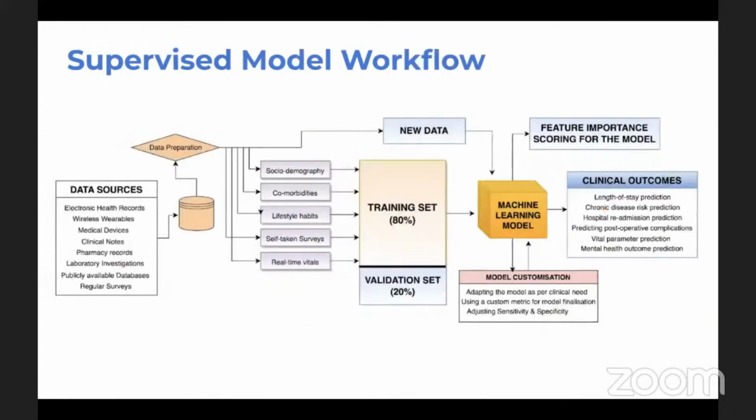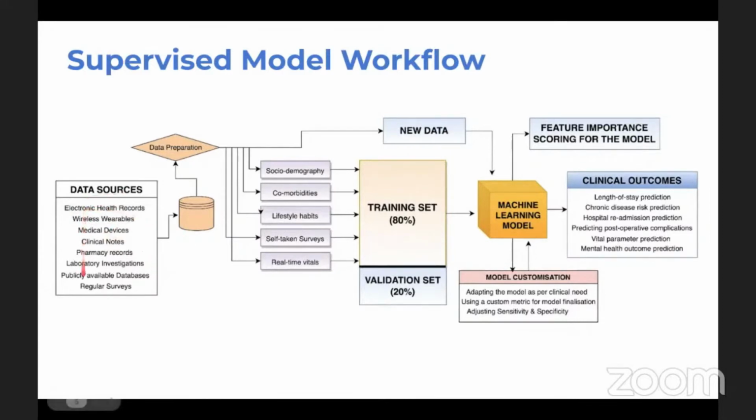Now, doing a deep dive, I will walk through the skeleton of a supervised model workflow, just to give an idea of how it can be designed. On the left, you can see the data sources. We have electronic health records, wireless wearables, medical devices, clinical notes, pharmacy records, regular surveys, and lab investigations.